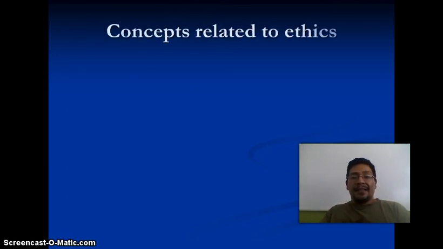And to finish with this, we have concepts related to ethics. You're going to look up these words because we're going to start talking about them in the following class.